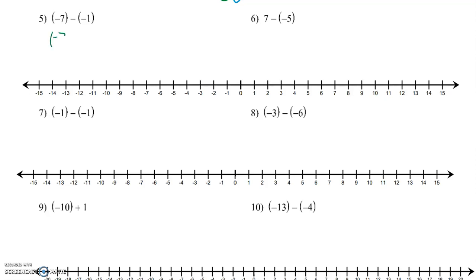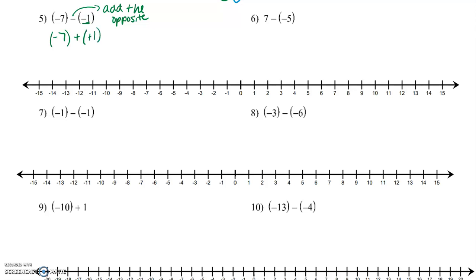So we keep that first number the same, and we're going to rewrite this as addition. That was what our first assignment was in this class. So remember that whenever we see a subtraction sign, we say add the opposite. So we're going to add the opposite of -1, which would be a +1.